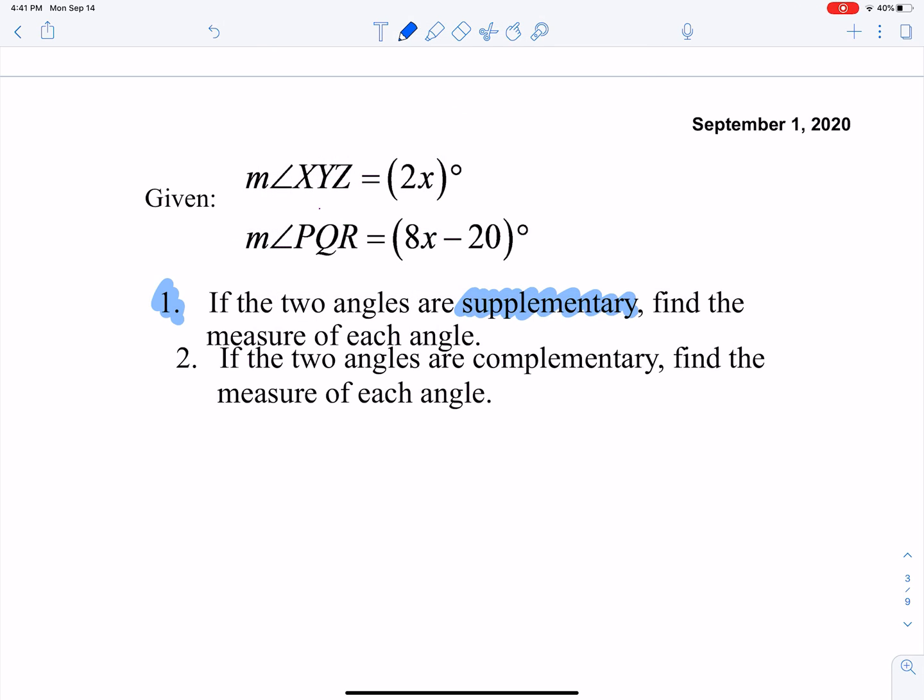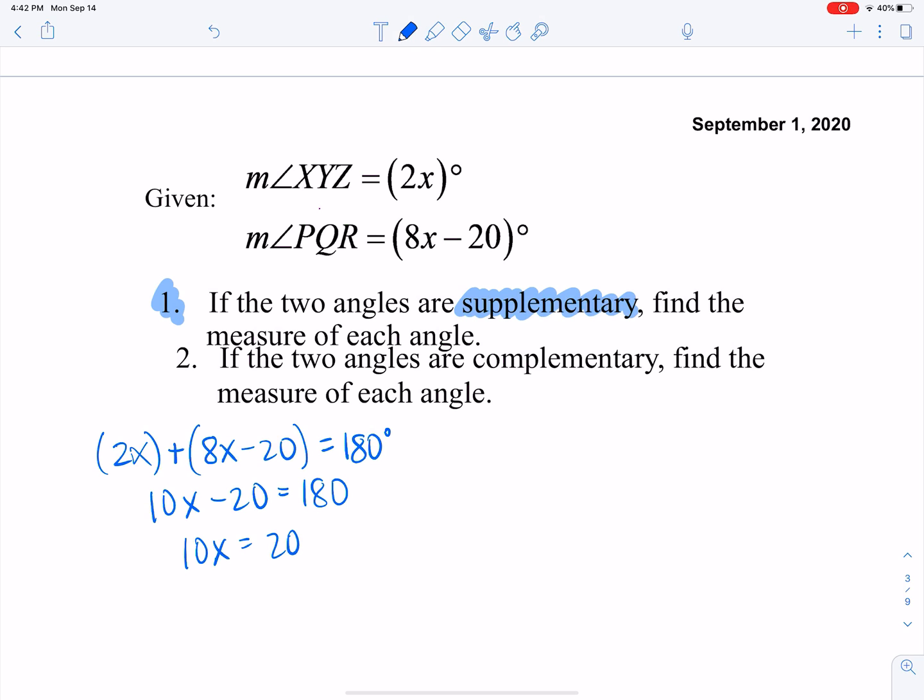So supplementary would mean the two angles, 2x and 8x minus 20, add up to equal 180. So I'm going to solve for x. I get x equals 20.